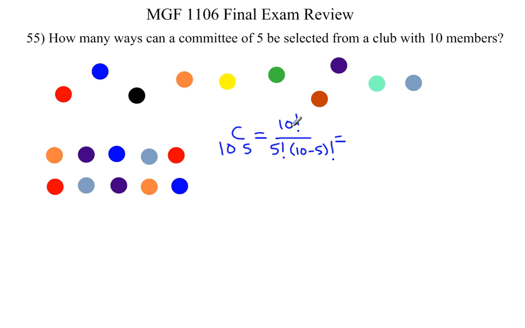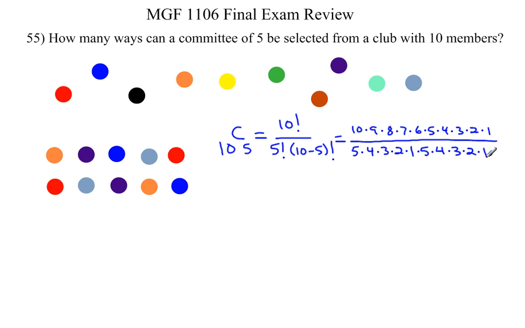By definition of factorial now, 10 factorial is 10 times 9 times 8, 7, 6, 5, 4, 3, 2, and 1, all over 5 factorial, 5 times 4 times 3 times 2 times 1, times 10 minus 5 factorial, which is 5 factorial again. So 5 times 4, 3, 2, and 1.